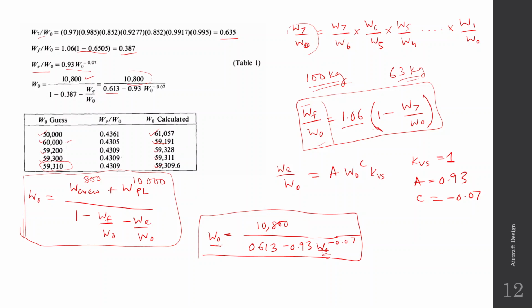So we have to multiply all the values now, from W1 to W naught, to get W7 by W naught. Yes, you have to multiply all of the weight fractions, as I have written here.